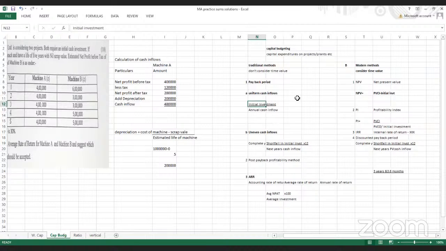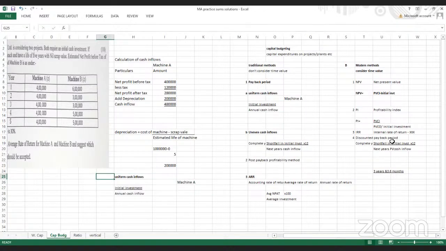So I will calculate here itself. I'll write machine A here, and copy the formula beside or below our calculations, so you don't get confused with all the formulas.